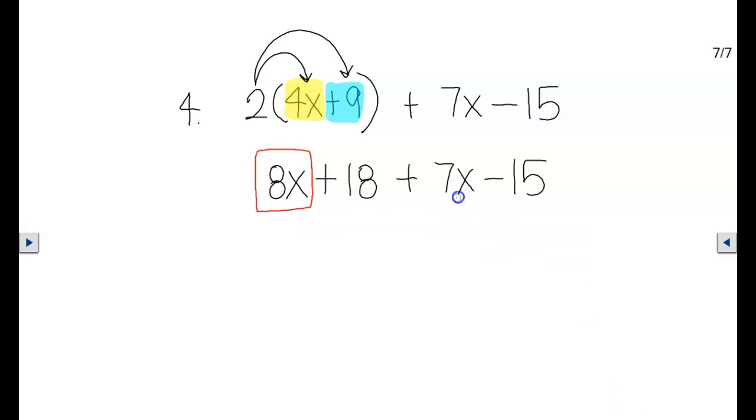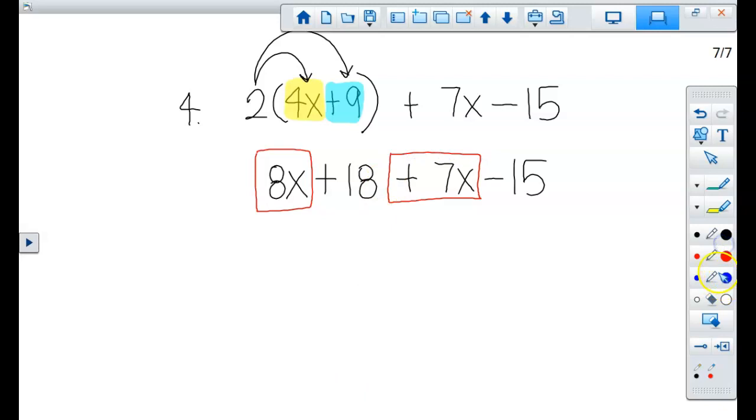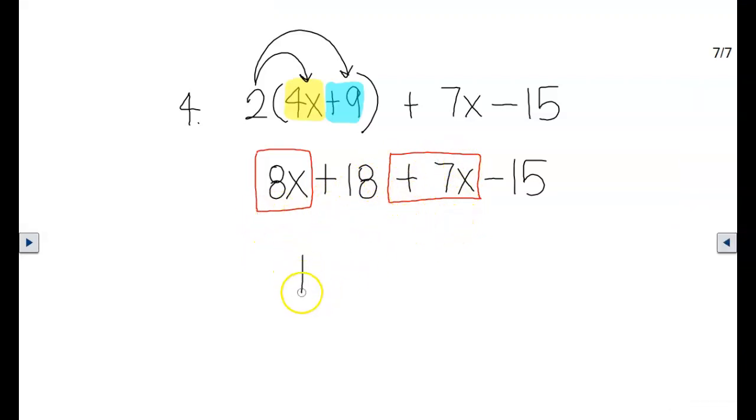Well, yeah, right here, this guy does. So I'm going to let that plus sign stay with him. And I'm going to put him in a red box as well, so I know that these are like terms. So now we do what this says. We do 8x plus 7x. 8 plus 7 is 15. And then we reattach that variable part, that x.